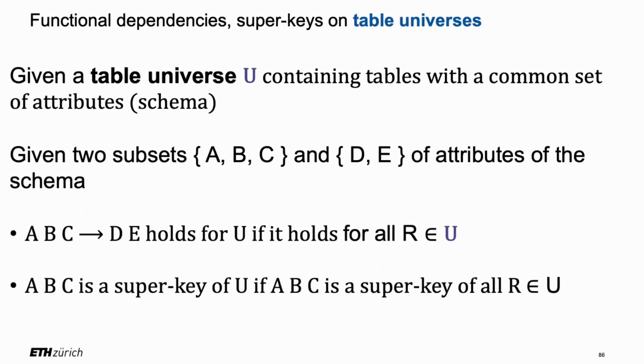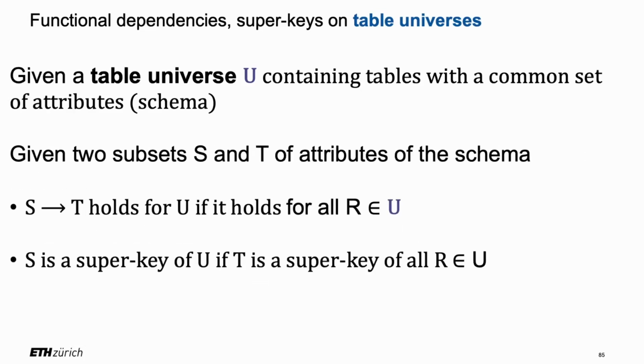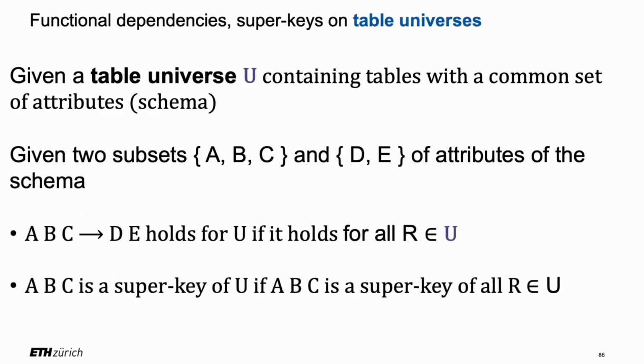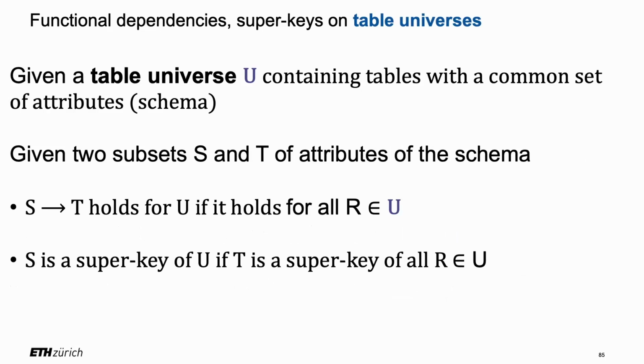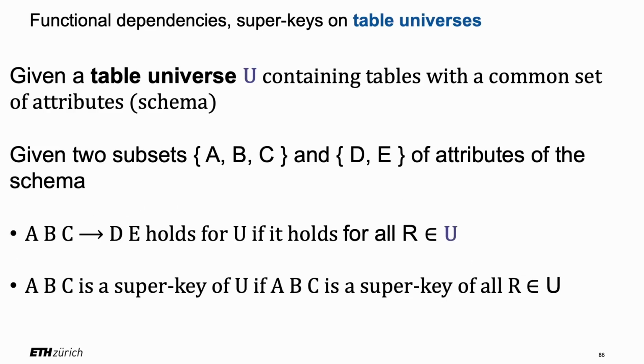Okay. I redid the same slide, but instantiating S and T as actual sets. So I'm replacing S with ABC and T with DE. Of course, 3 and 2 are totally arbitrary. It could be any number of attributes. But basically, I'm saying that, for example, if I have a table universe, ABC functionally determines DE holds for my table universe if it holds for any table in that universe.